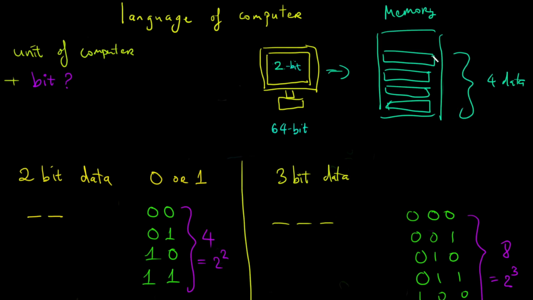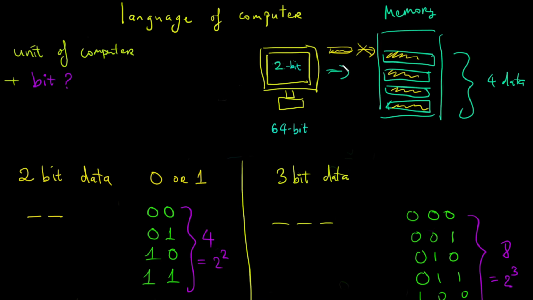This is the maximum it can go, right? So let's say in here you can have some data, some data, some data, some data, but you don't have a 5th one because there's only 2 bits. If you send another data here, it won't accept it, because we already use all 4 slots, right? So in order for this memory to store this 5th data, what are you going to do?